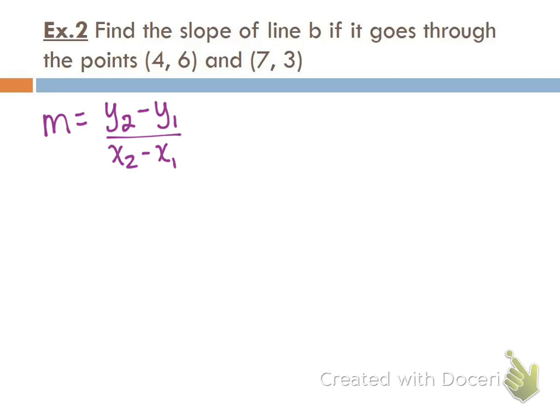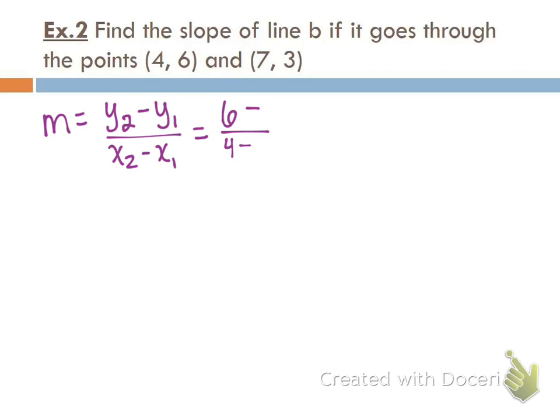Again, I don't really care if you start with your y2 or your y1, as long as you are consistent. So which y coordinate do you want to plug in first? 6. Okay. So again, it doesn't matter to me. But if we start with 6 on the top, what do we have to start with on the bottom? 4. That's what I mean about being consistent.